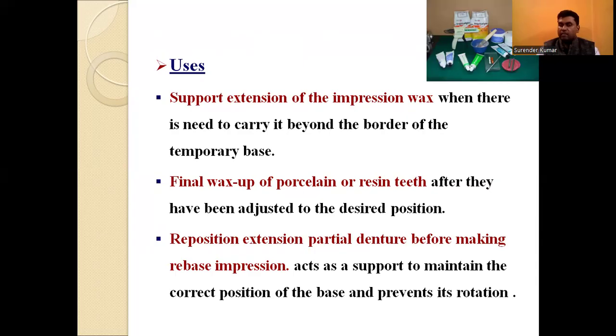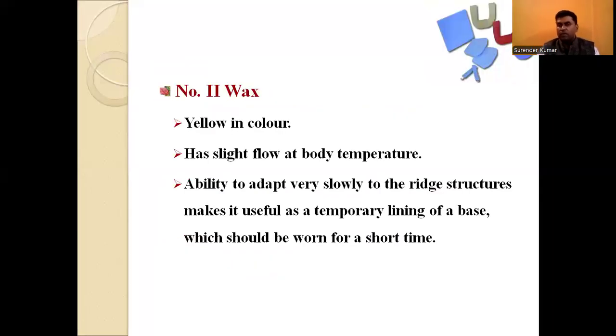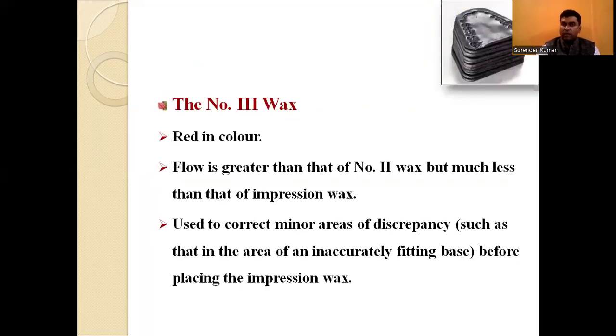They act as a support to maintain the correct position of the base and prevent its rotation. Coming to number two wax, they're yellow in color, with slight flow at body temperature, and the ability to adapt very slowly to the ridge structure makes it useful as a temporary lining of a base, which should be worn for a short time.